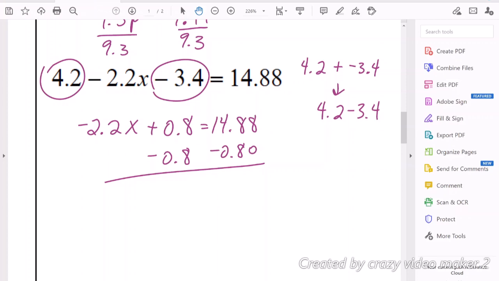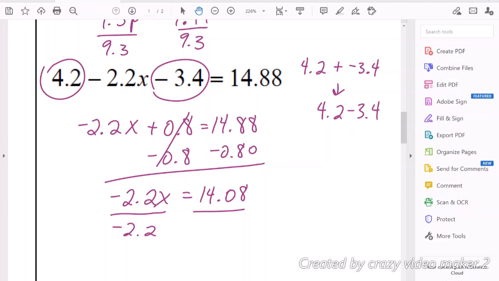So do 14.88 minus 0.8, and so we get negative 2.2x equals 14.08. And then our last step will be to divide. So x, I do 14.08 divided by negative 2.2, and so you will get negative 6.